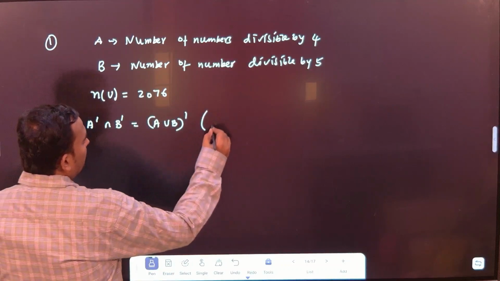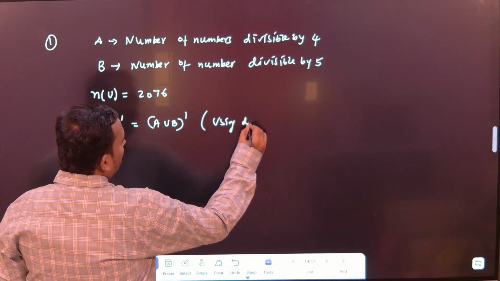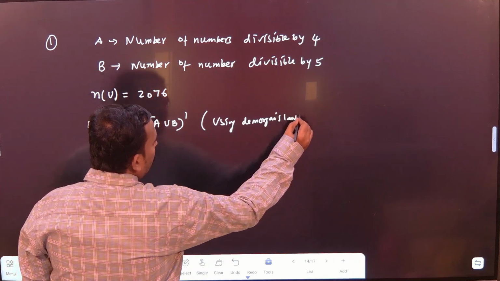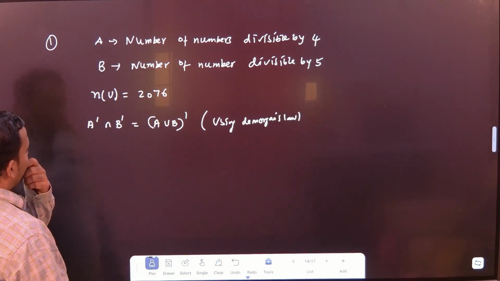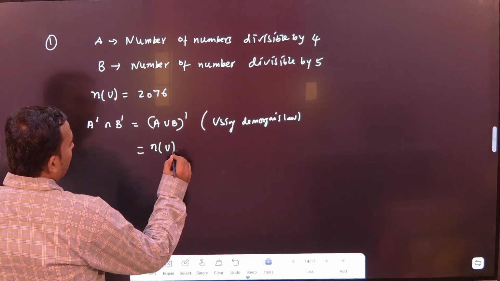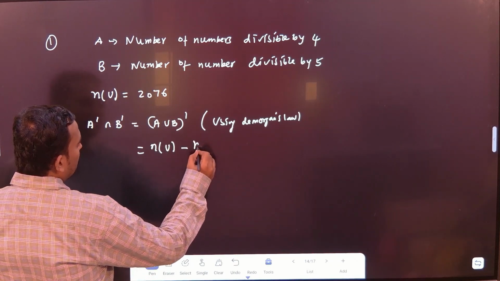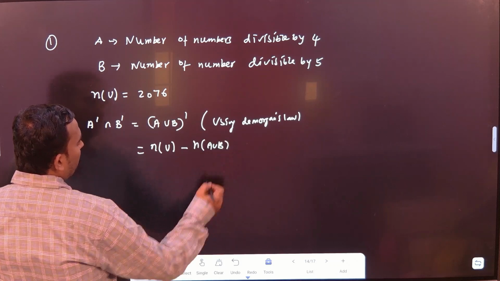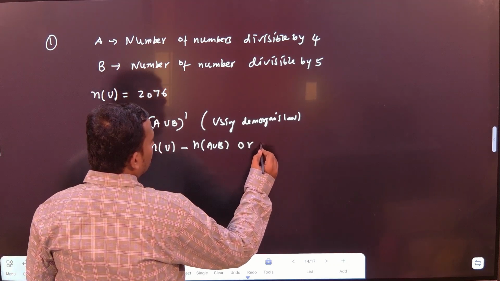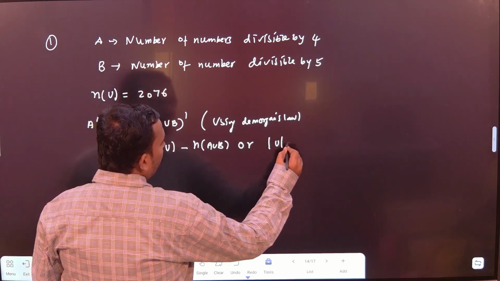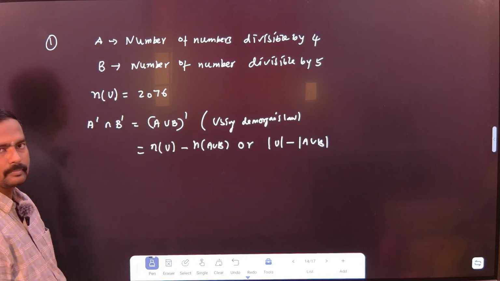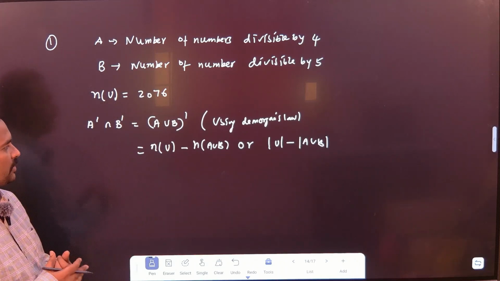So using De Morgan's law, this one how to write? N of the universal set minus A union B, or you can write cardinality of U minus cardinality of A union B. Cardinality is number of elements, right?